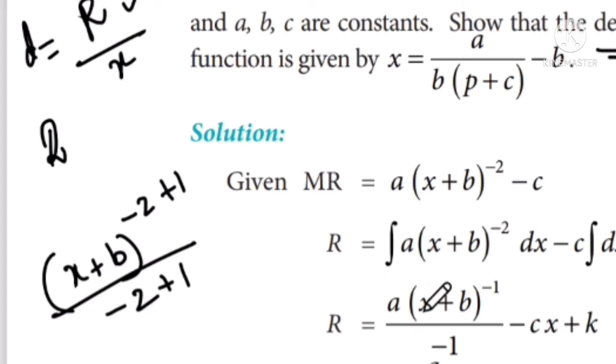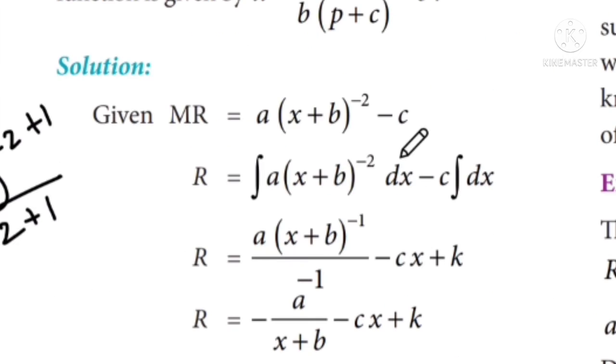So you get (x plus b) to the power minus 1 by minus 1, minus the integration of c, which is c into x, plus the constant k. You can bring it to the denominator. So this is minus a, (x plus b) to the power minus 1. You take it to the denominator, minus 1 will become plus. So that's what x plus b has become.